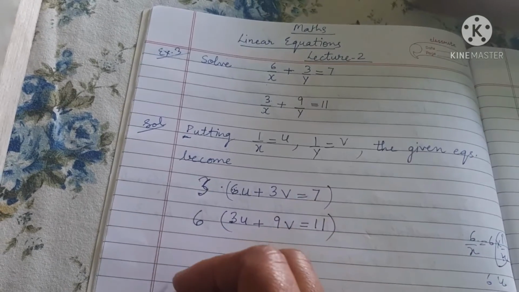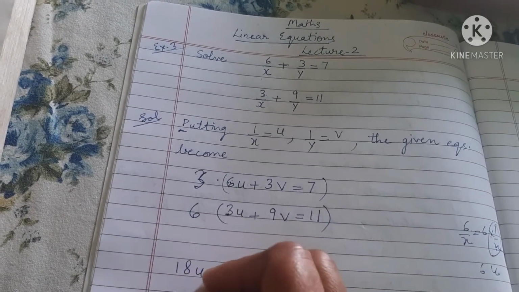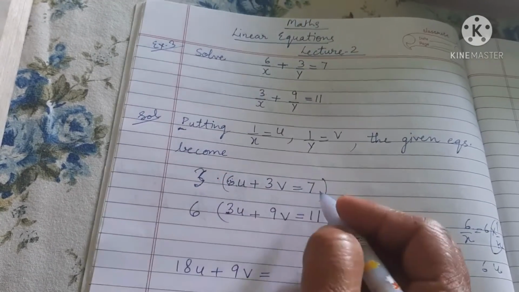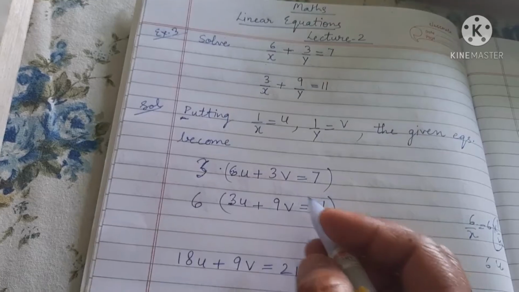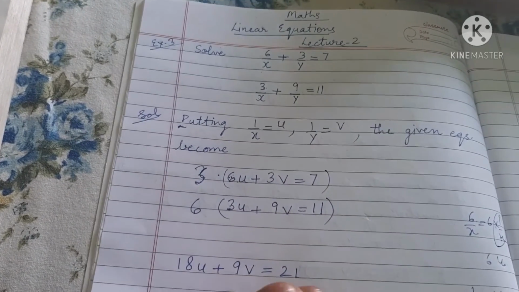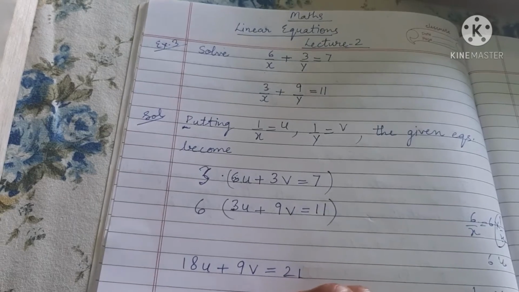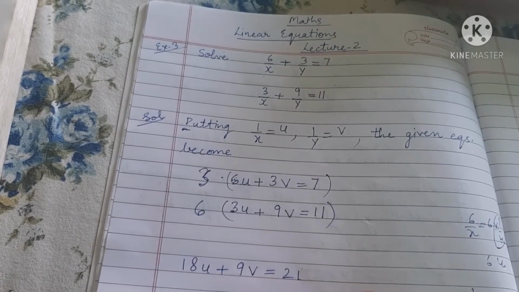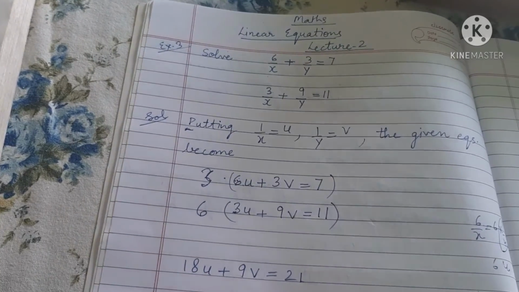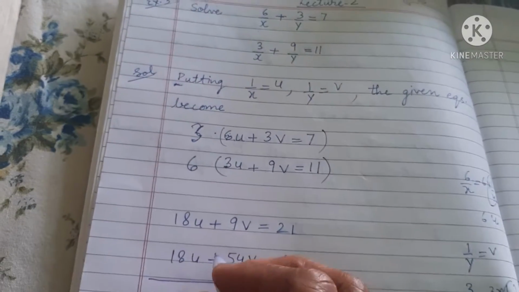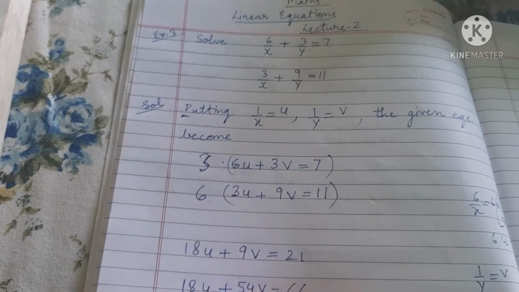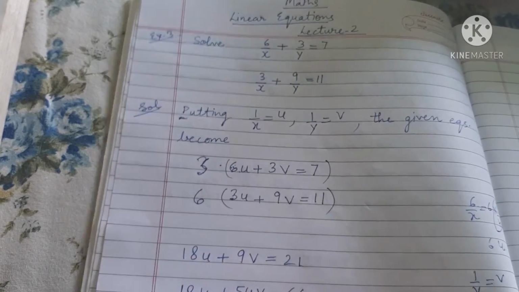Now after multiplying, what do you get? 3 6s are 18u plus 3 3s are 9v is equal to 3 7s are 21. You have to multiply the complete equation. Now 6 3s are 18u plus 6 9s are 54v is equal to 9 6s are 54. Now you have to subtract. When you subtract, the sign changes: plus becomes minus, plus becomes minus.